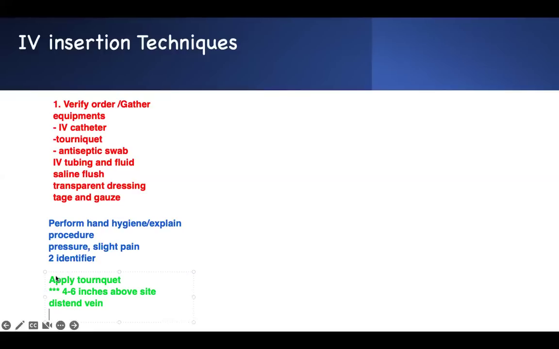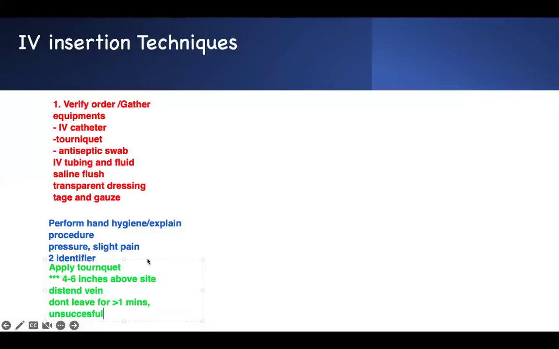Key concept they may ask you: don't leave it on for more than 1 minute. That's number one. If you are unsuccessful, this is very important, you should be careful.